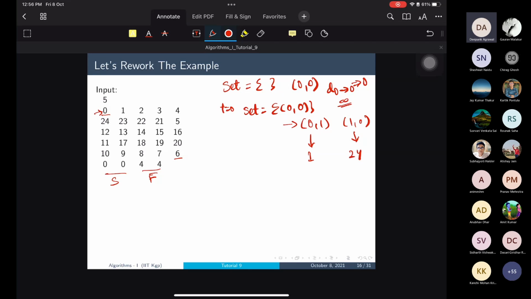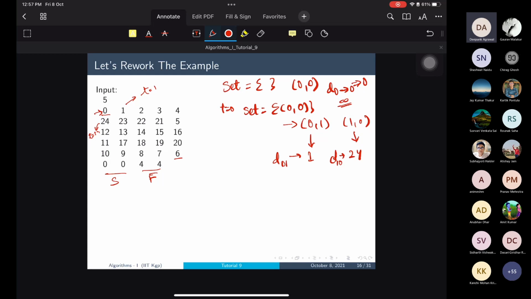Okay, that means that if the time taken to reach 0 is optimal, then through 0 we can reach 1 at t equals 1, and we can reach 24 at t equals 24. So this will be d of 0, 1, and this will be d of 1, 0.